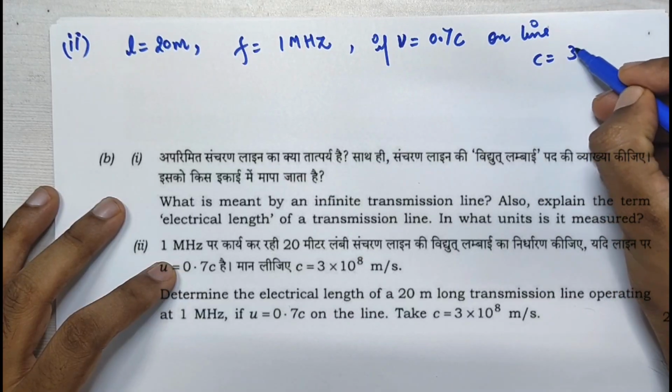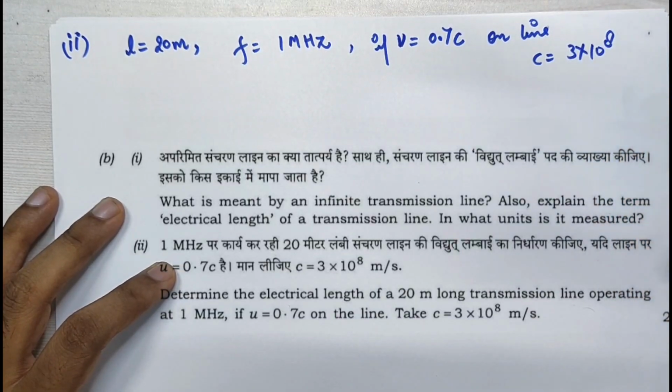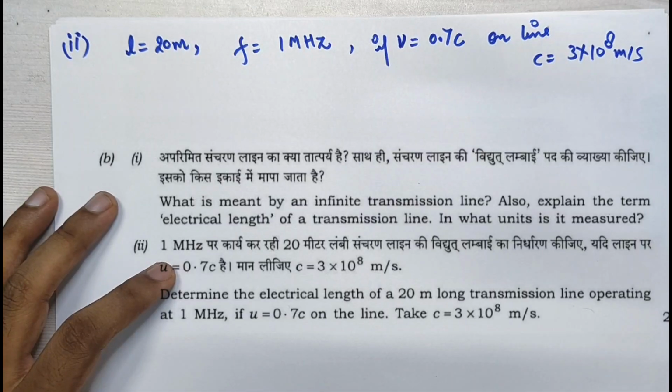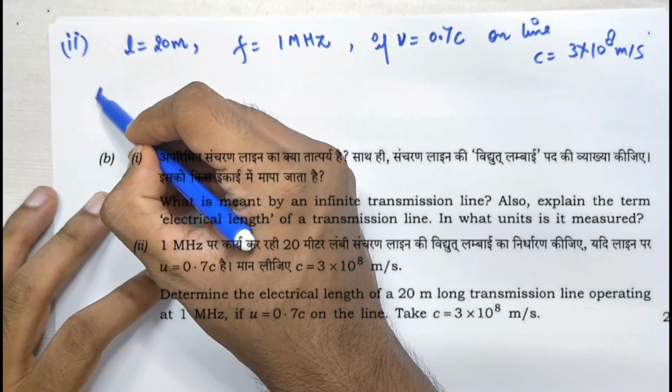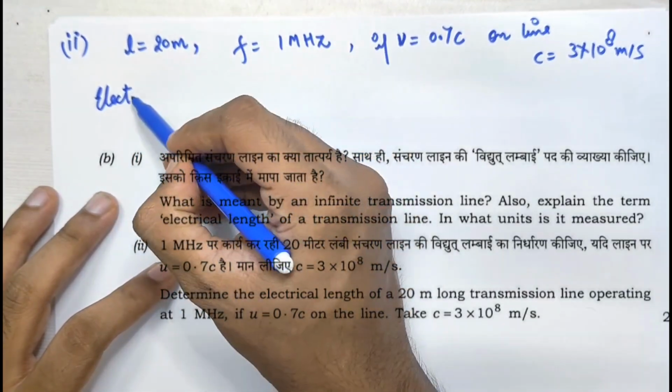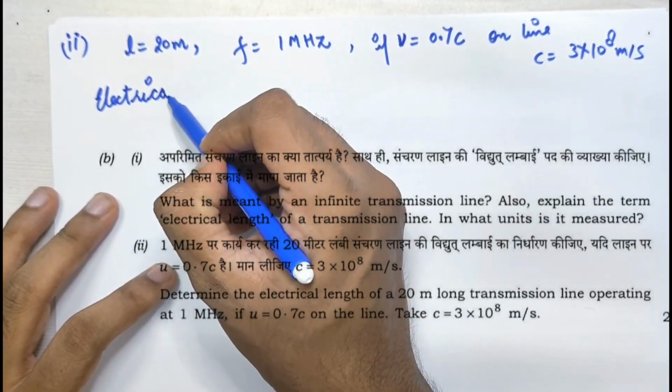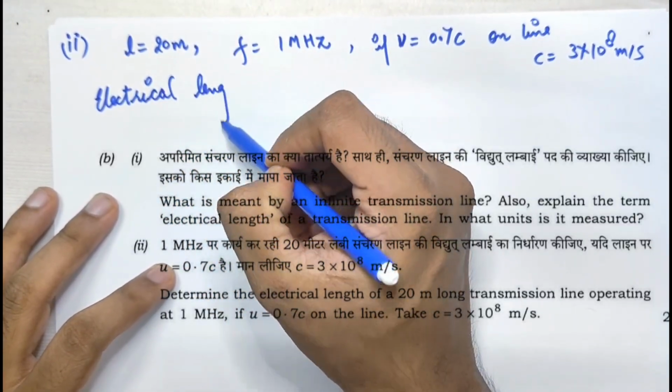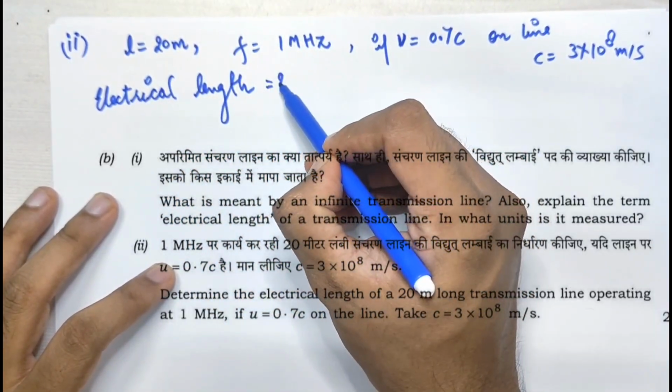C is also given for consideration, 3 into 10 to the power 8 meter per second. What is the ask of the question? We need to find electrical length. This we need to calculate.